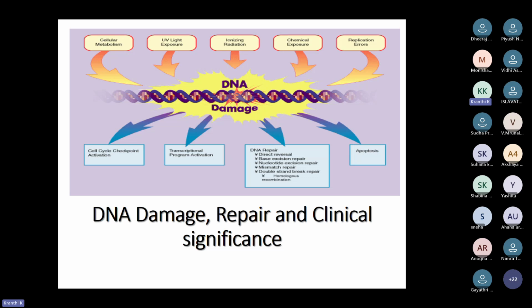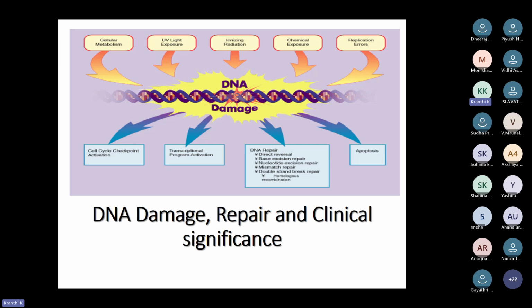If there is any error in the DNA base pair or any damage in the DNA, you have to repair it immediately. So how to repair the damaged DNA? Initially we will learn how many types of damage there are and what the factors for DNA damage are. Then after learning the damage, we will talk about the mechanism of repair.